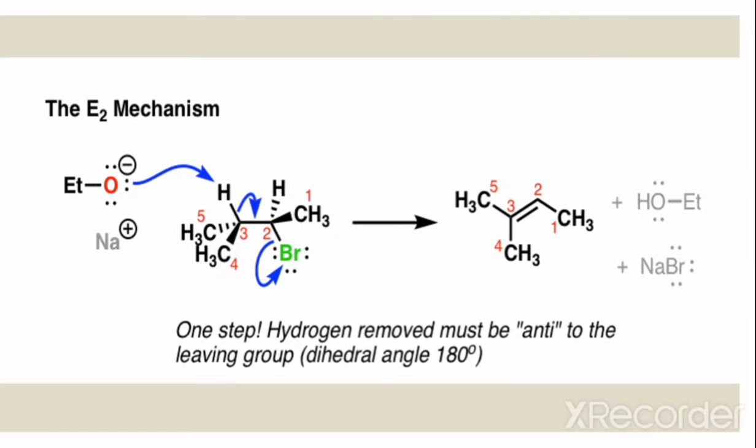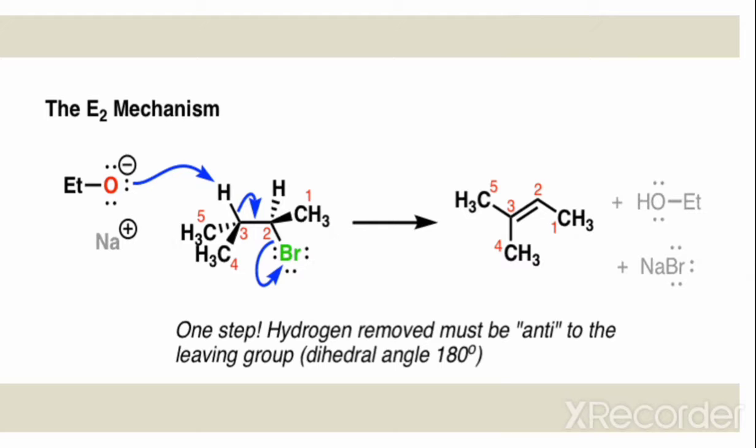The next is the mechanism in which we have a sodium positive ion and an ethyl group with oxygen that has a partial negative charge. It is a one step mechanism in which the hydrogen removed must be anti to the leaving group.